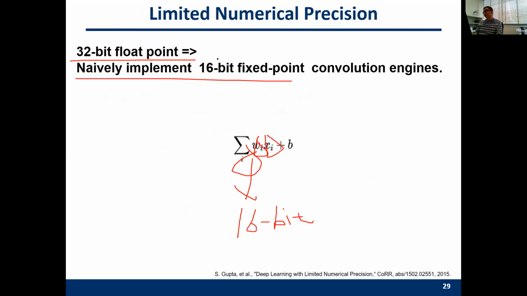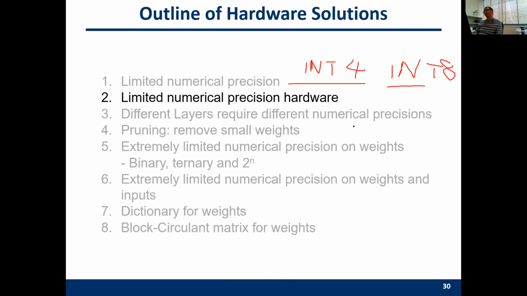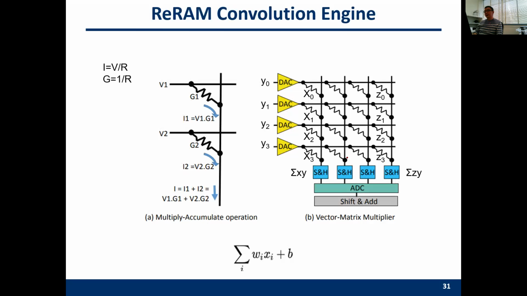They reduce the bit width even more aggressively than this 16-bit fixed point. So for a 4-bit fixed point, you can use an integer to store the data. Why?